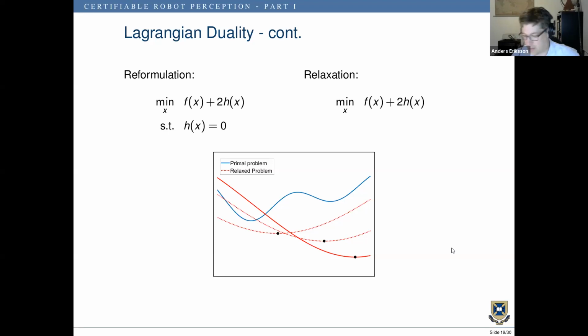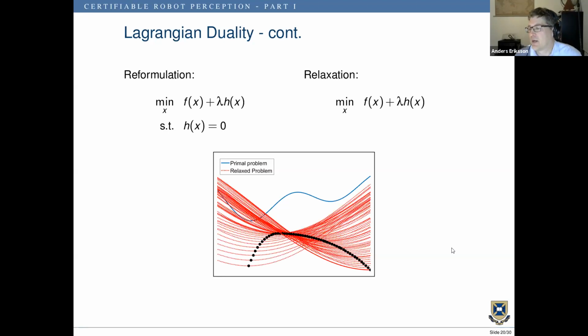And we can solve that and arrive at yet another solution. In fact, you can do this for any multiple of the constraint function that you want. And if you do that for a whole range of relaxations, where you denote the different values that you multiply h of x with by lambda, it might look something like this. So depending on the lambdas, you get a whole family of relaxed solutions.